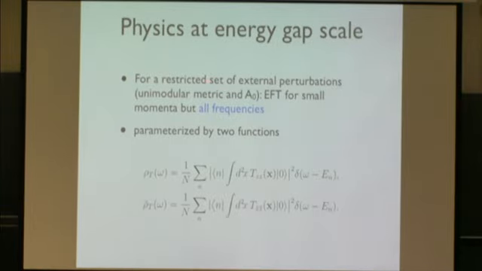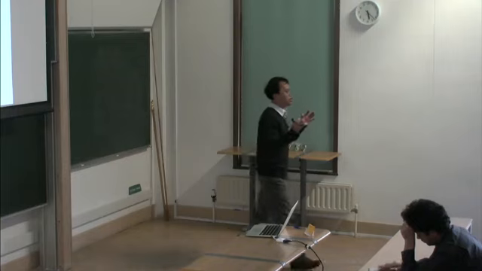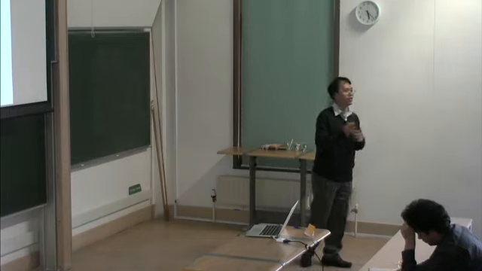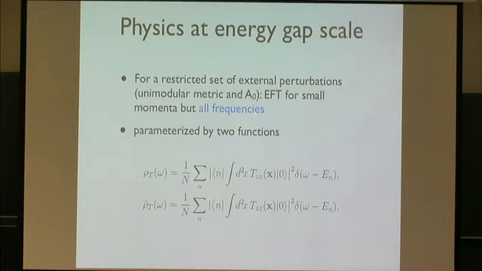But for a restricted set of external perturbations, namely unimodular transformations of the metric and transformations of the gauge field that touch only A0, leaving the magnetic field constant, we can write down an effective field theory for small spatial momenta, but to all orders in frequency.